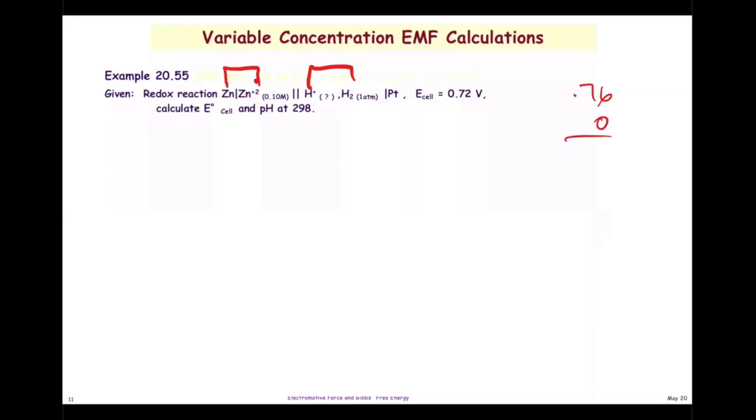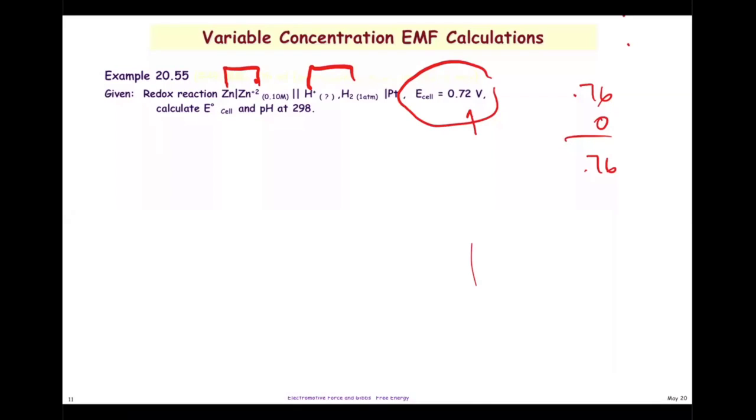So our E0 cell is 0.76, but our cell under non-standard state conditions is 0.72. Okay, that's the cell measured. That's because the concentration of hydrogen is something other than 1 molar, and my concentration of zinc is something other than 1 molar.